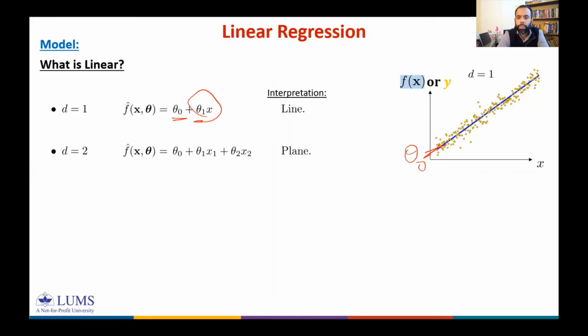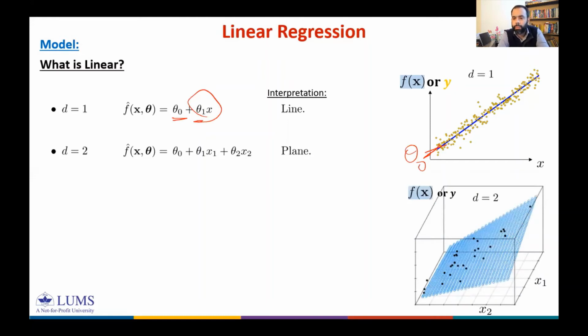When d is equal to 2, so inputs x1, x2, and output is f hat of x. If you visualize this in a 3-dimensional space, you get a plane. Along this axis I have x1, along this axis I have x2, and along the third axis I have f of x or y.